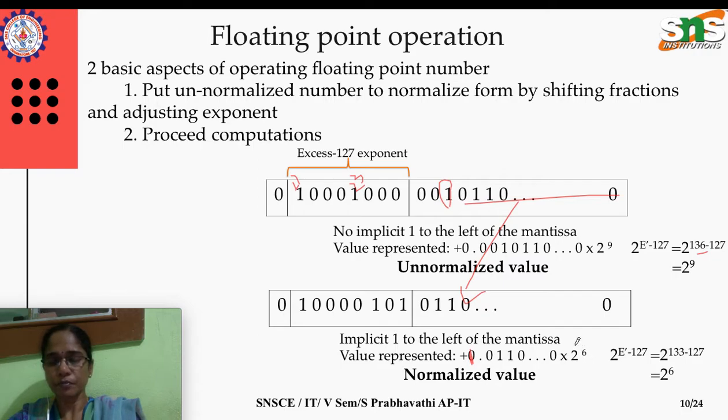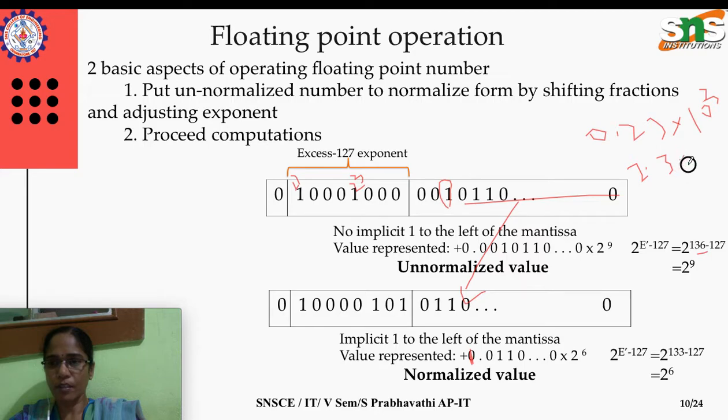Now the exponent has to be adjusted, is it not? So in the previous example I told you, if we have something like 0.23 into 10 power 3, so if we bring this 2 towards the decimal point, it means it is 2.3 into the mantissa.